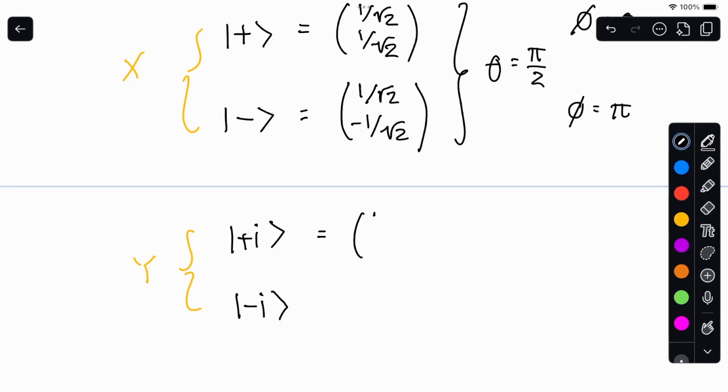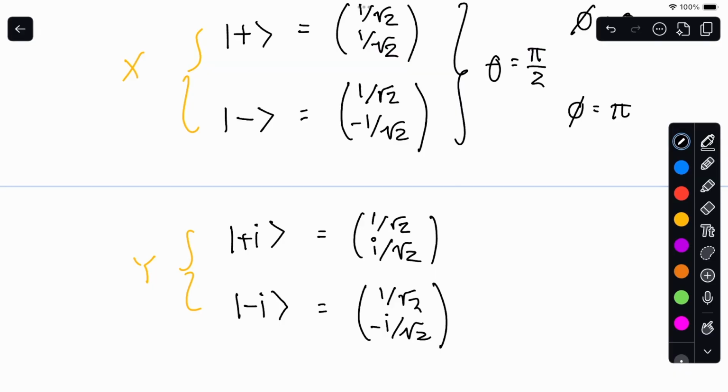So this one will be 1 over root 2, i over root 2. And then this one would be 1 over root 2, minus i over root 2. And both of these, again, have theta equals pi over 2 because they lie on the equator. But then one has phi equals pi over 2, and the other has phi equals minus pi over 2.